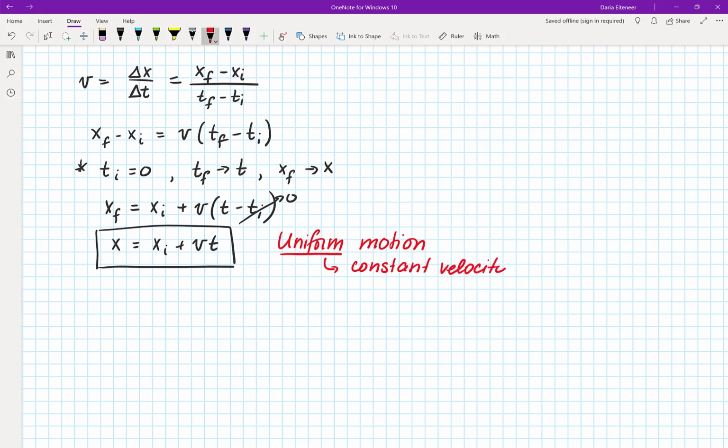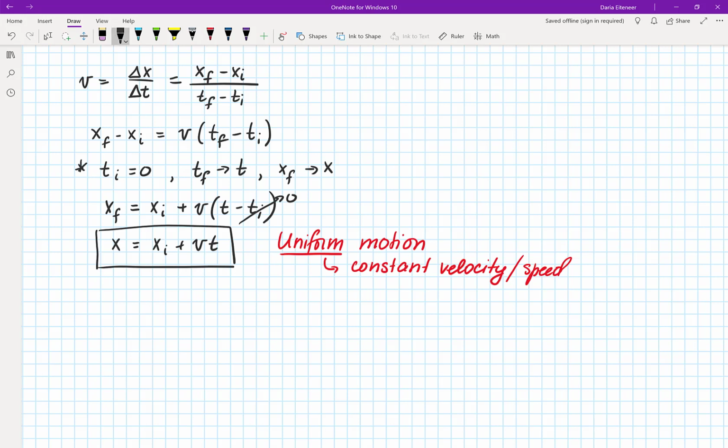Although a lot of times we use the word uniform to represent not constant velocity, but constant speed. In this particular case, since we're only dealing with one-dimensional motion, it actually kind of doesn't matter. So you can almost use the words velocity and speed interchangeably here, even though they're not exactly identical. So it's a perfectly valid equation.